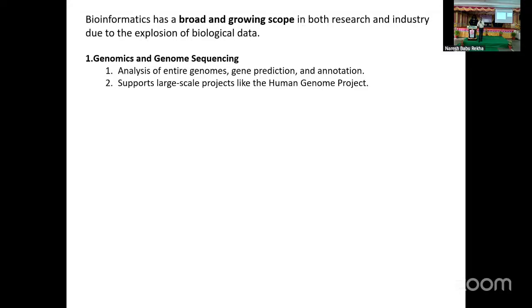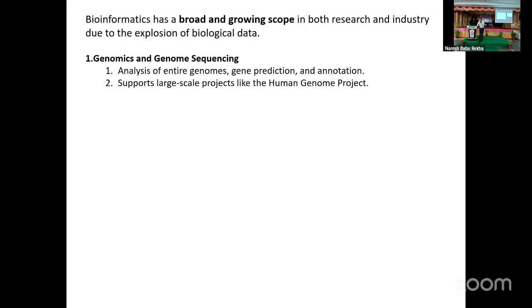The complex diseases need to be identified, so you need to study the human genome. Initially, understanding and analyzing the human genome started with the Human Genome Project in 1990. It was completed in 2000. That means it took 10 years to do the genome sequencing of the human.